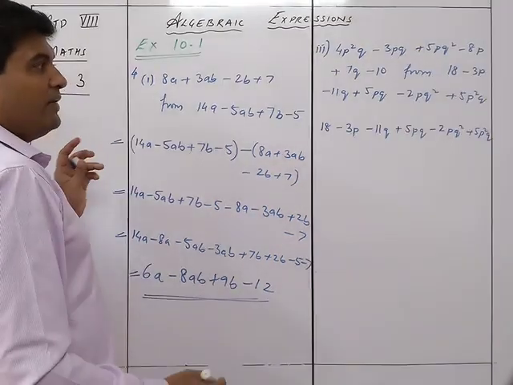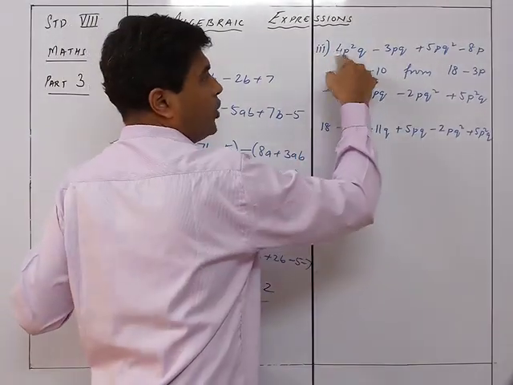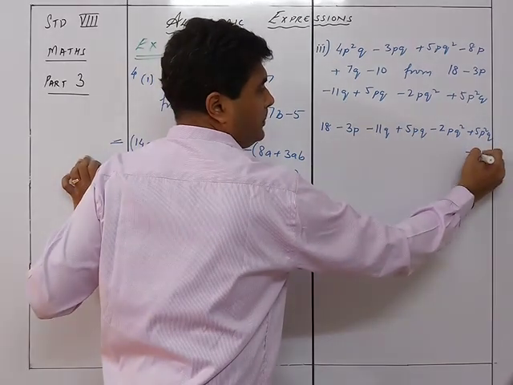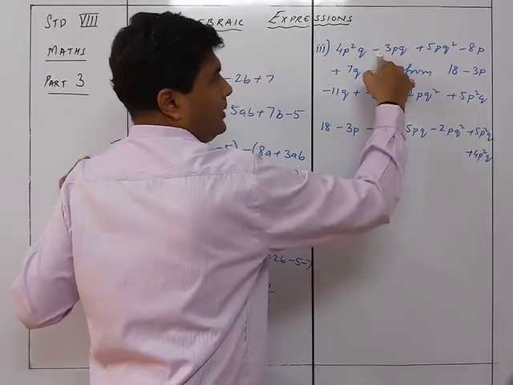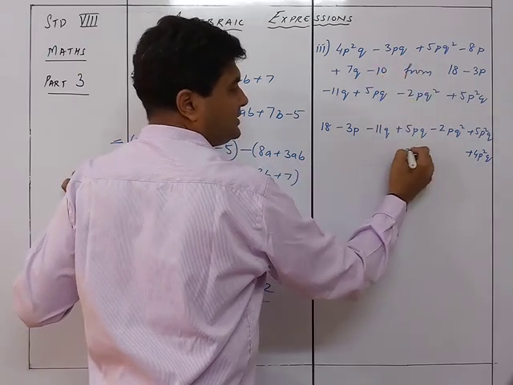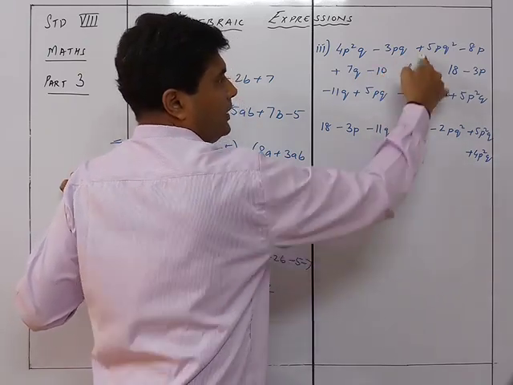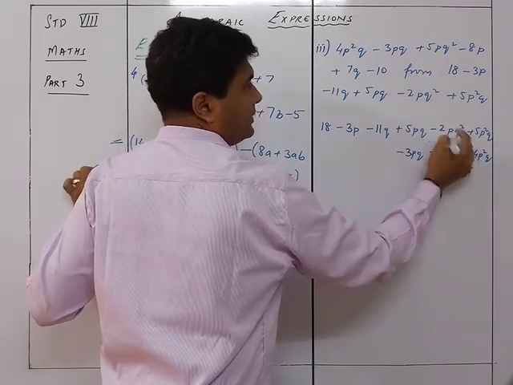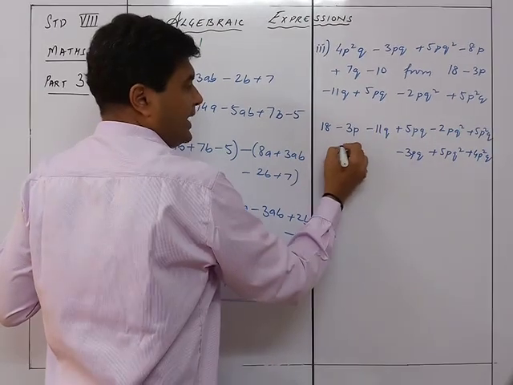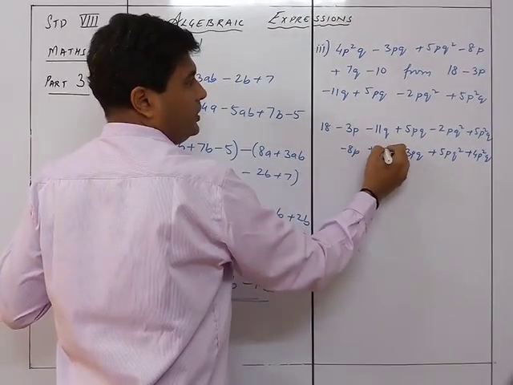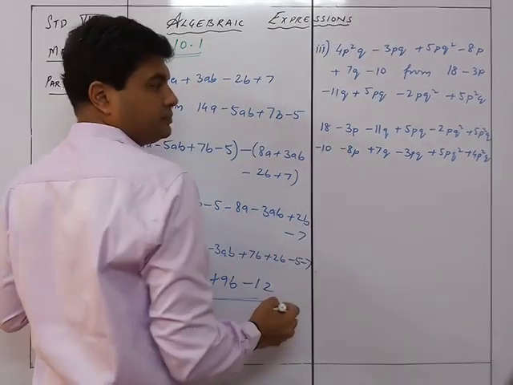Now you are going to have the subtraction. So it is 4p square q, plus 4p square q, minus 3p cube, plus 5pq square, minus 8p, plus 7q and minus 10.